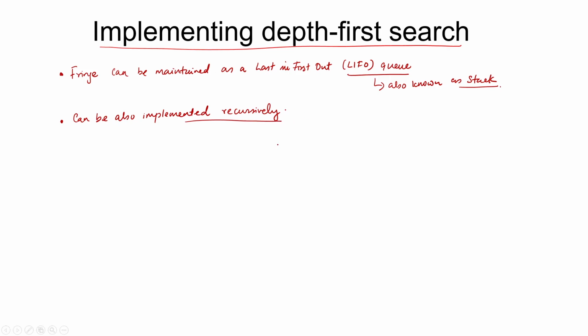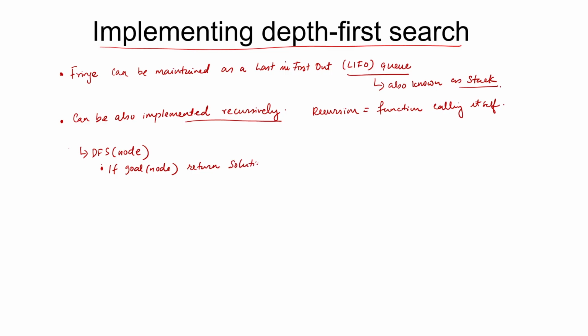If you remember, recursion is a function calling itself. You can implement this recursively. So the logic is that DFS is the function given a node. If it is a goal node, return the solution node.